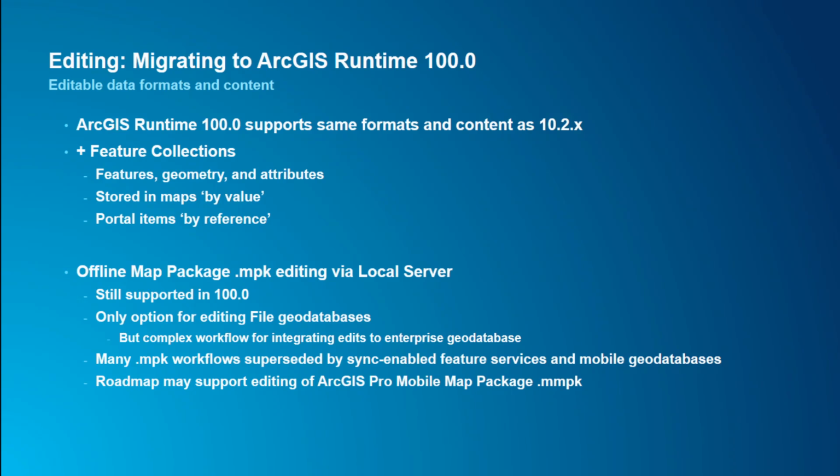So ArcGIS Runtime 100 supports many of the same formats as 10.2x. I talked about adding feature collections to that as a new type of content that's editable. And then we do still support that MPK map package format via local server that I talked about, but really the promoted workflow is mobile geodatabases.